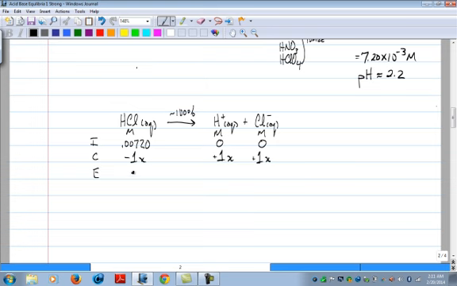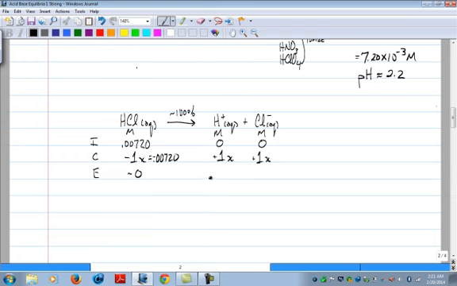So you'll have about 0 molar HCl as molecules at equilibrium, and because x would have to be 0.00720 if taking away 1x is going to leave you with 0, we know that the change is negative 0.00720.